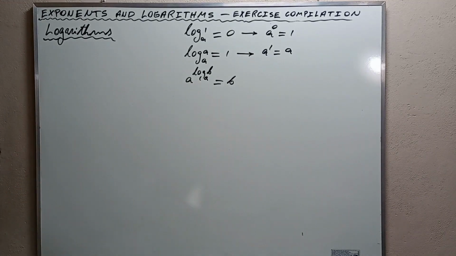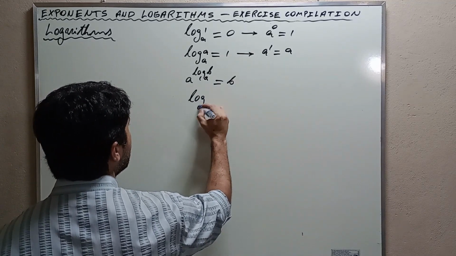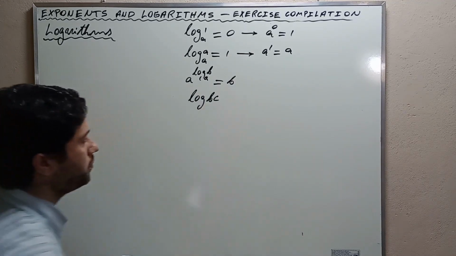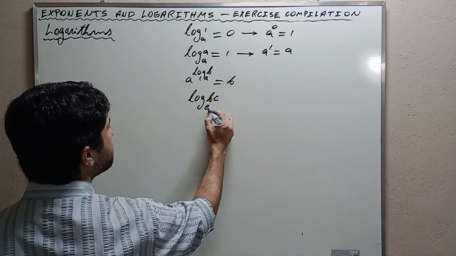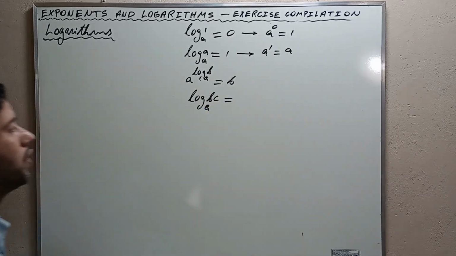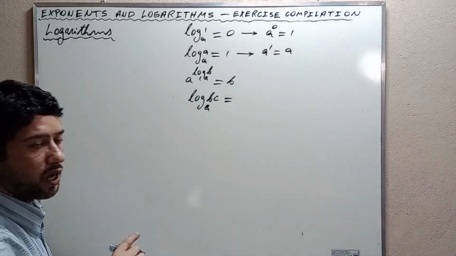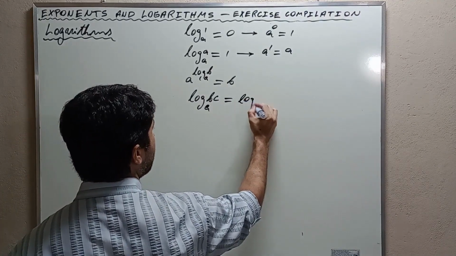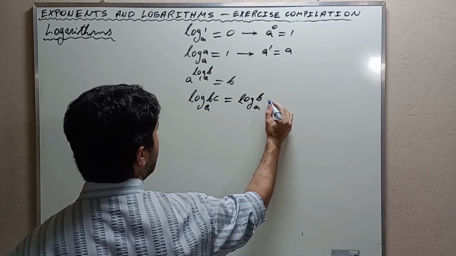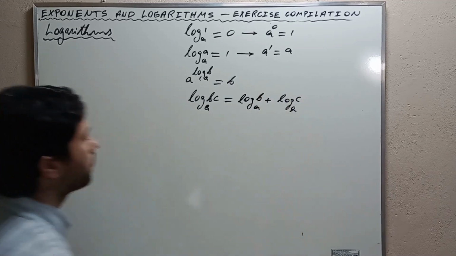How about the next, this is very important, the next identity, the logarithm of bc base a. This property is very important. It helps a lot with exercises. This is equal to the logarithm of b base a plus the logarithm of c base a.